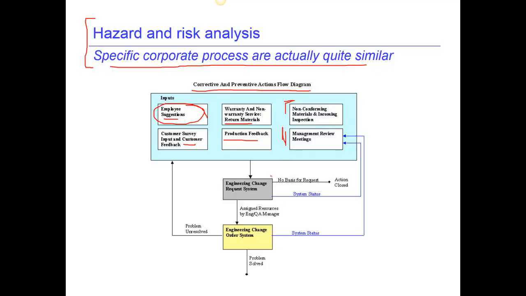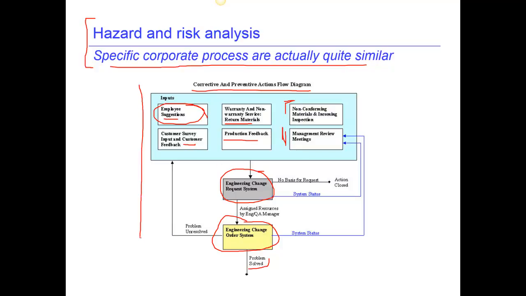Two things we have to think about is that when management takes action, you have to look at the engineering change request system. Was something warranted? If there is something warranted, then there'll be a change order system that needs to be put in place, and then the problem is solved. So this is a great chart.